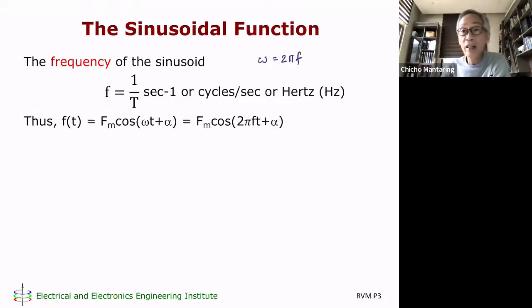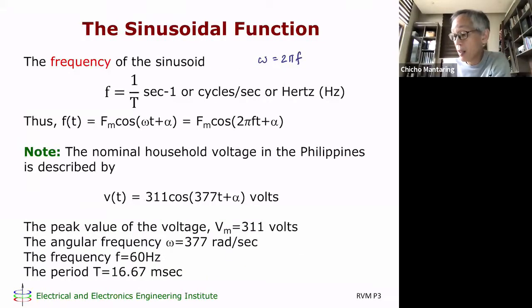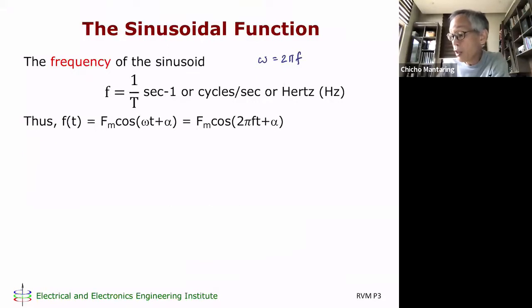Because each cycle consists of 2 pi radians. One cycle is 2 pi radians, if you're measuring in terms of radians. From this point all the way to that point, that is 2 pi. So I can express f of t in this manner: F_m cosine 2 pi f t plus alpha.